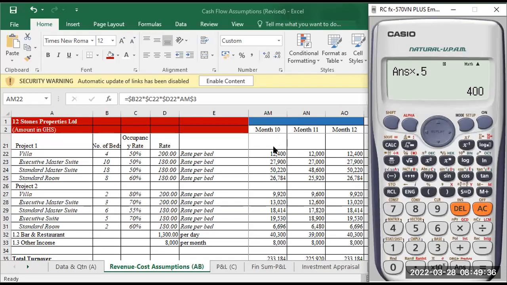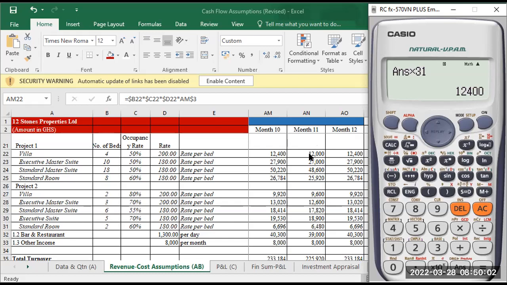How many days do we have in October? 30 days has September, April, June, and November. All the rest are 31. So let's say 31. So that's 12,400. That's how we got 12,400, looking at October, month number 10. If you look at month 11, that is November, there are 30 days.